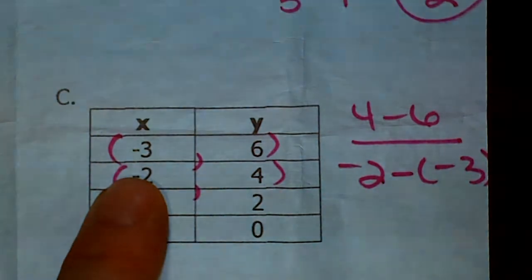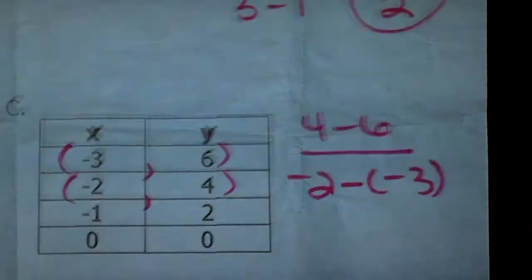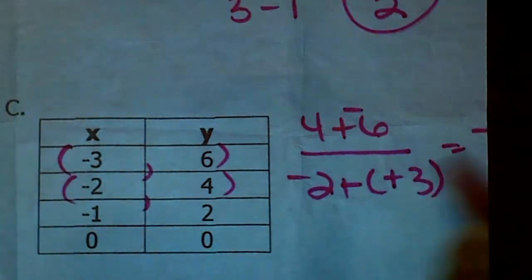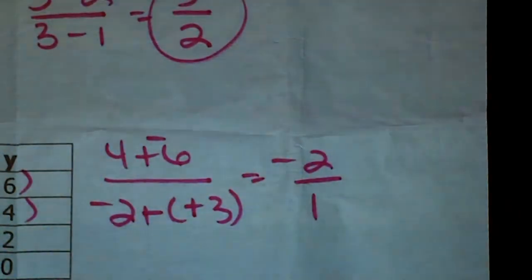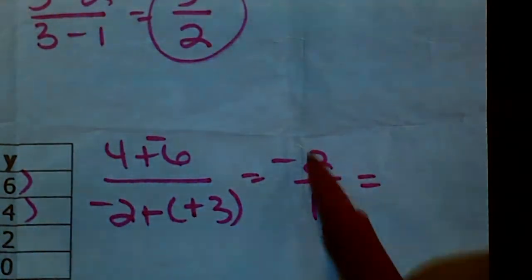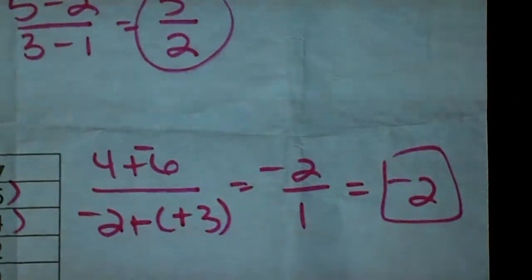Again, be careful when the second digit is negative. It's not negative 2 minus 3, it's negative 2 minus negative 3. So add the opposite here, that's negative 2. Add the opposite here, that's a 1. And if you can write it as a whole number, please do so. We'll put it back over 1 if we're going to graph it, which will happen soon. So negative 2 divided by 1 is a negative 2. And that's how you find the slope from a table.